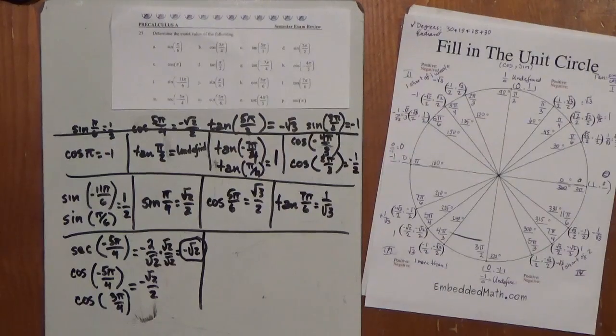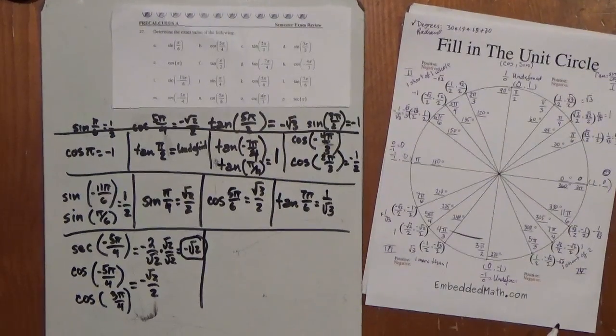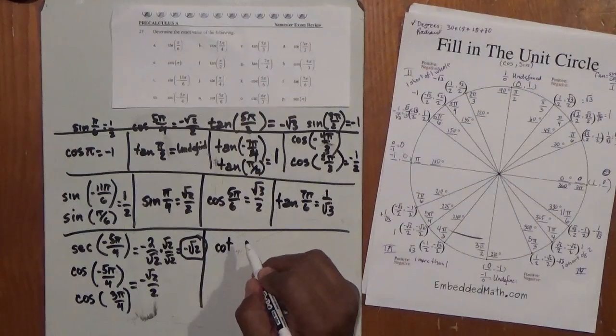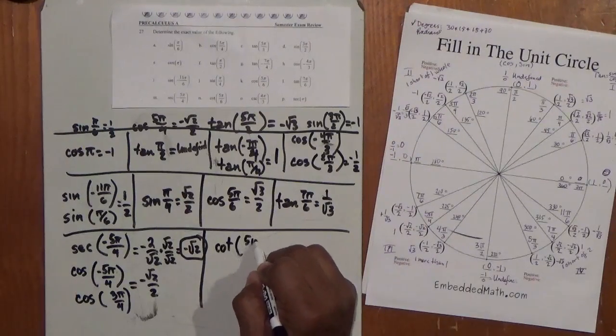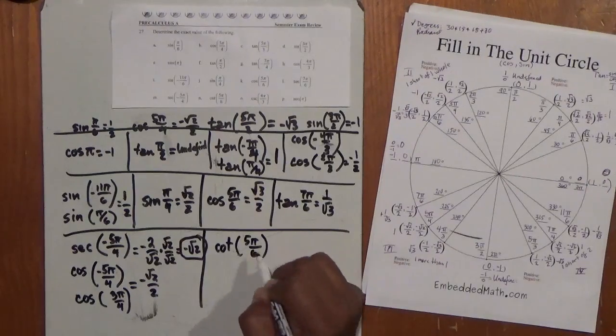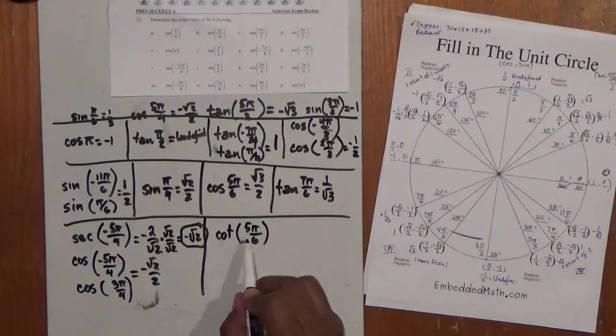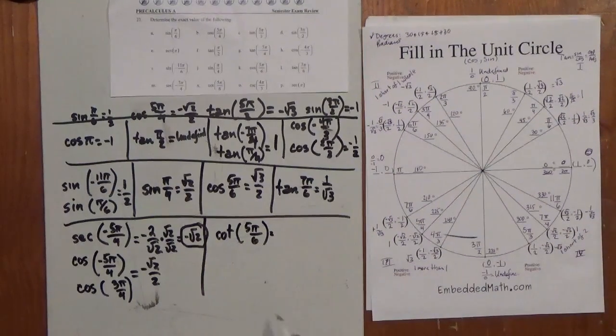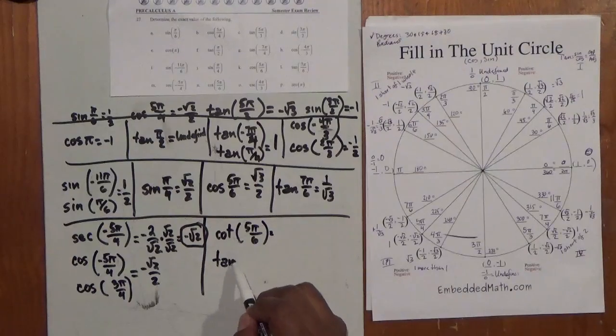I know you don't like those, but we have a couple more. Cotangent 5 pi over 6. At least it's not negative this time. I'm not going to try to find this directly because I don't have that value on my unit circle. I'm going to find tangent, and then flip it.